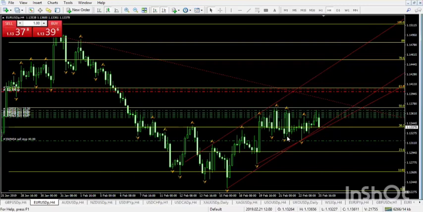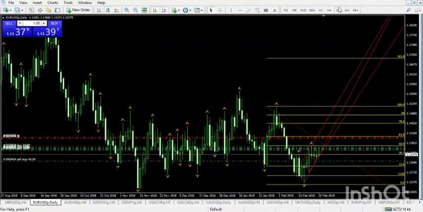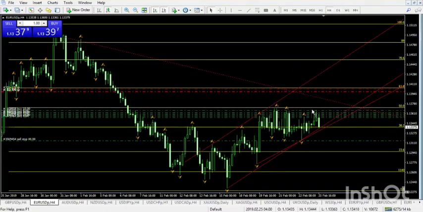Because above it, we have pivots, and below it, we also have pivots. So it's stuck between these two, and it has fluctuations. But we have to wait and see when exactly we're going to have a breakout. And it goes up a little and then it retraces again.